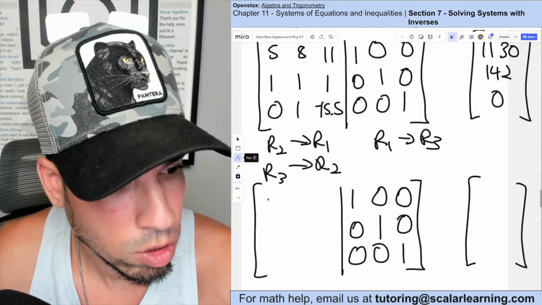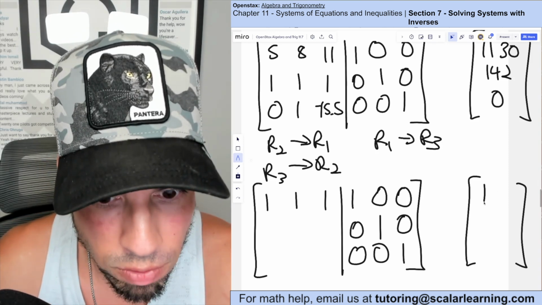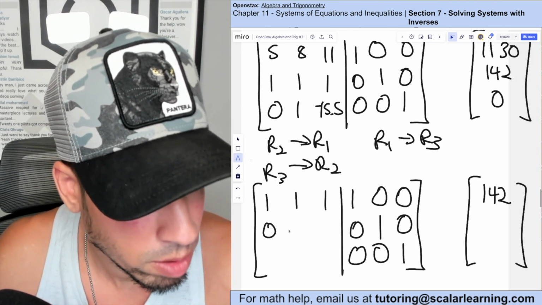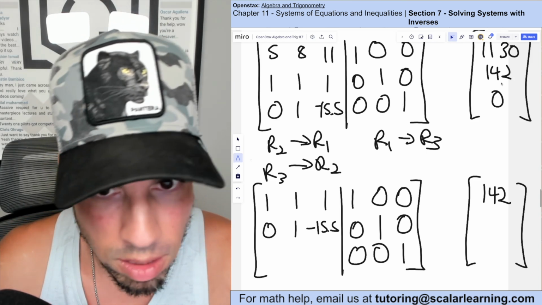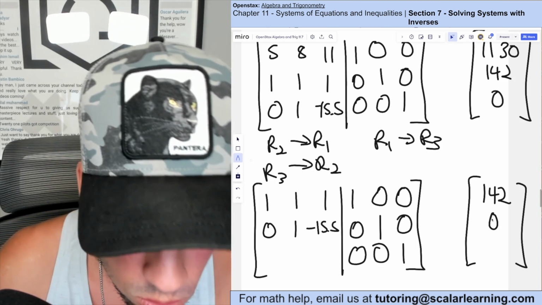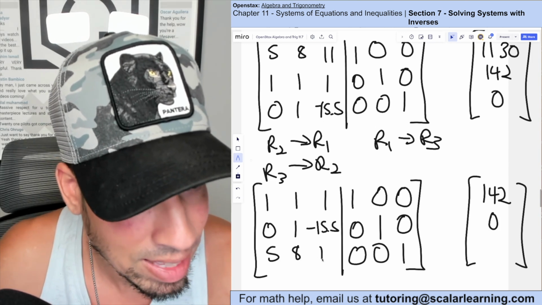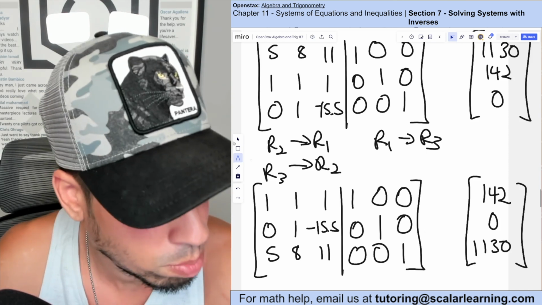So row 2 is going to go to row 1, so we got 1, 1, 1, and then 142 is now at the top. Row 3 is going to go to row 2, so now we have 0, 1, negative 15.5, and then 0 is going to go into the middle. And then over here, we have row 1 at the bottom, so 5, 8, 11, and then we got 1130 on the bottom. Okay, so this is pretty good.